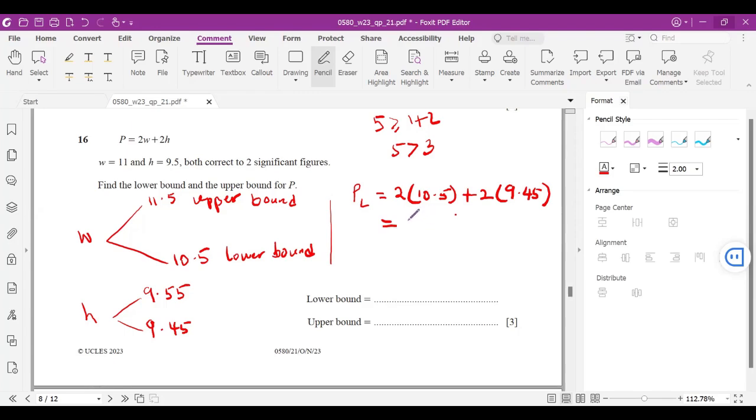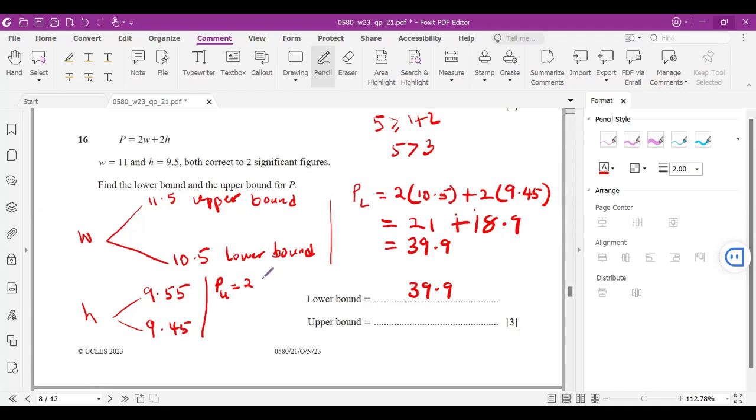So this is going to give me 21 plus 18.9. When we add these two together, it gives us 39.9.